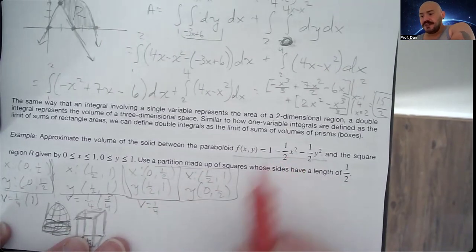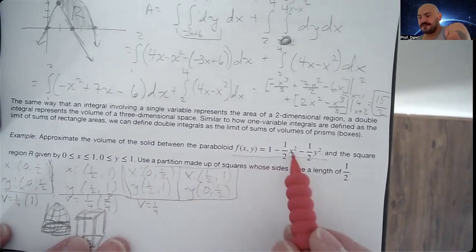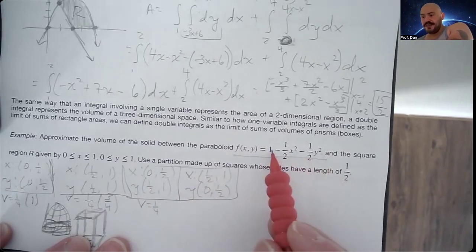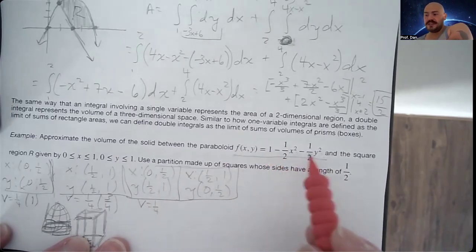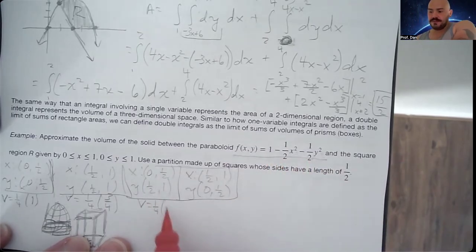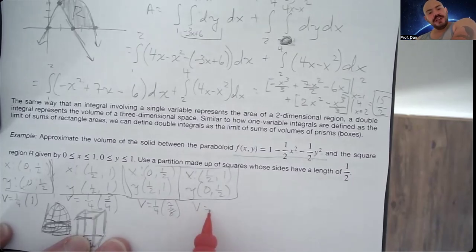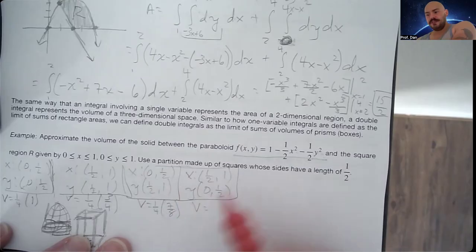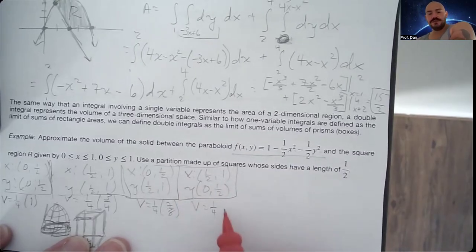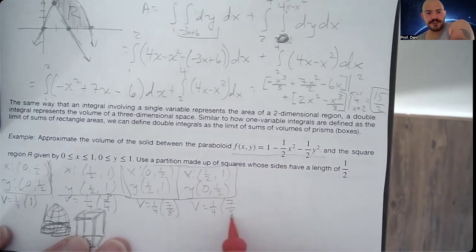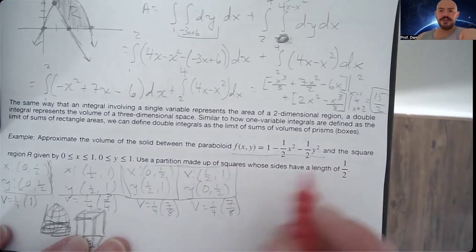And then for the height, we'd plug 0 in for x, and 1/2 in for y, so that would get me 1 minus 1/8, which should be 7/8. Then for the last one, I would plug in 1/2 for x and 0 for y. So area of the base, still 1/4. And I would end up also getting 7/8 for that z coordinate.